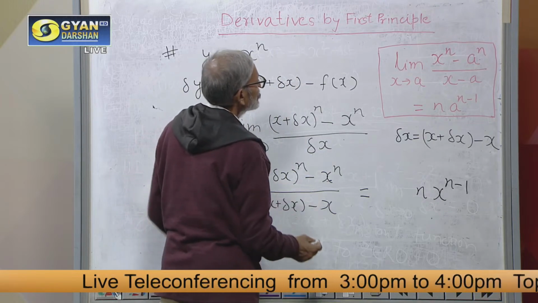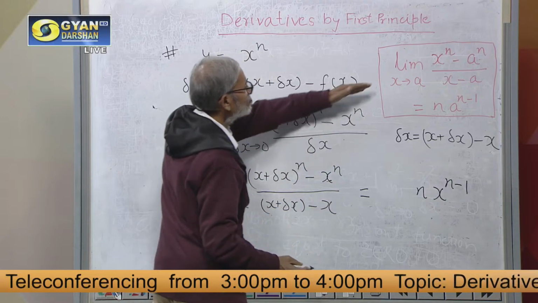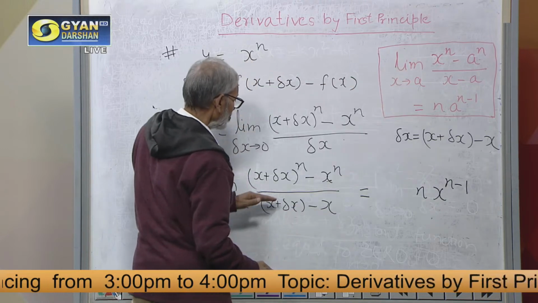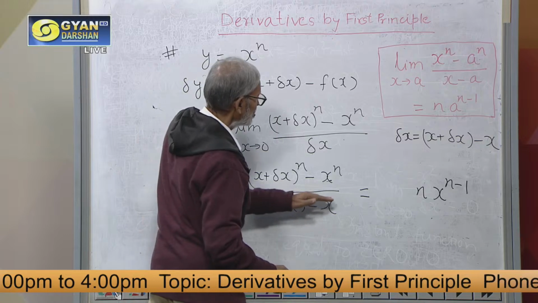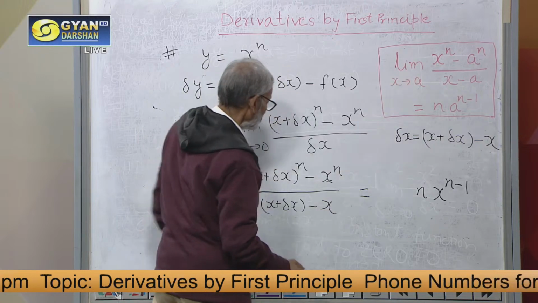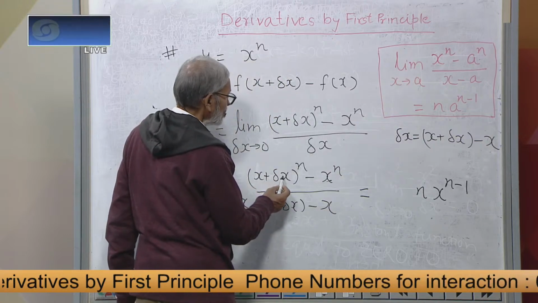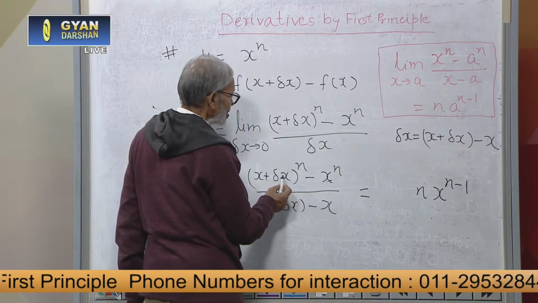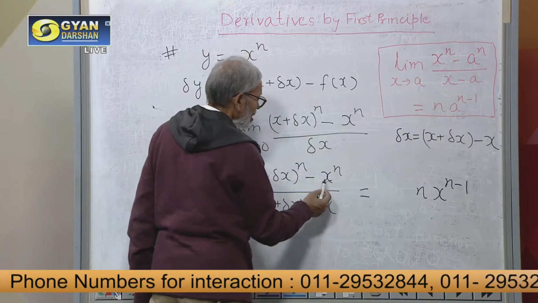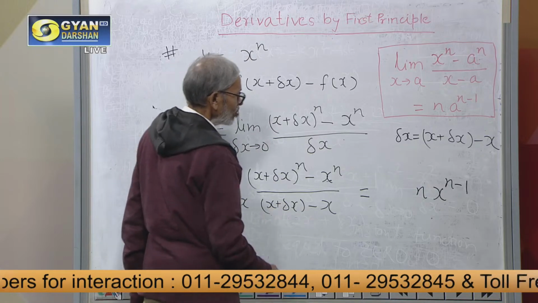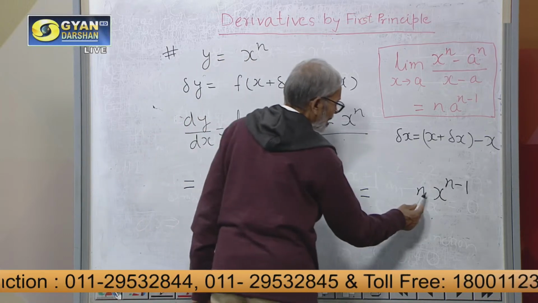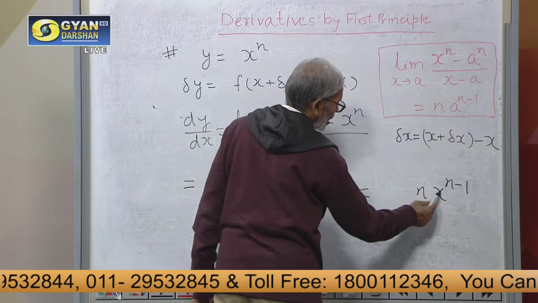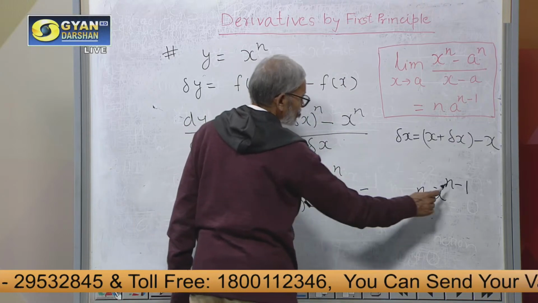So I have replaced this from this formula. In the place of x, x plus delta x, in the place of a, it is x. So it will be n, in place of a, I have written x to the power n minus 1.